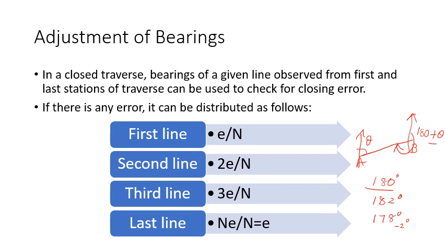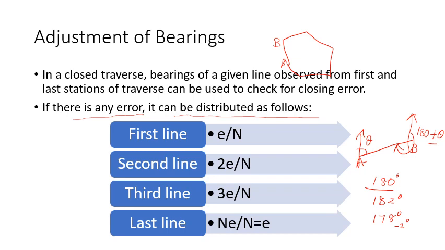That is described over here. If you find that there is some error in your bearings, then that error can be distributed as follows. If you have multiple lines, a polygon like this, this may be your starting line AB. Then the bearing of the first line can be adjusted with E by N. What is E? E is the error.